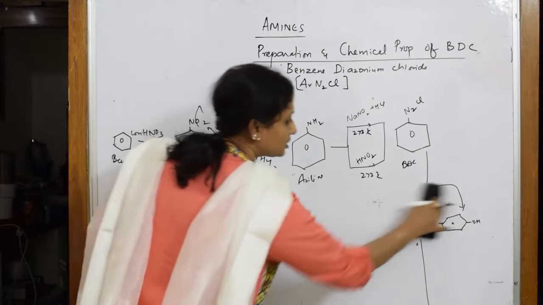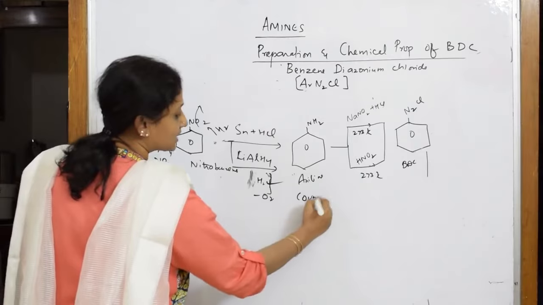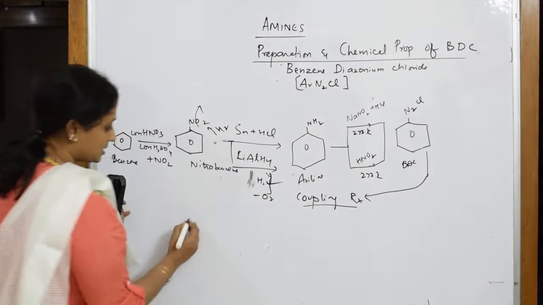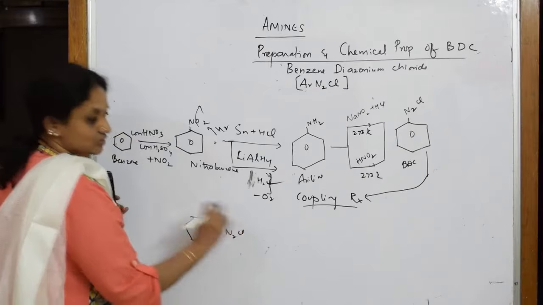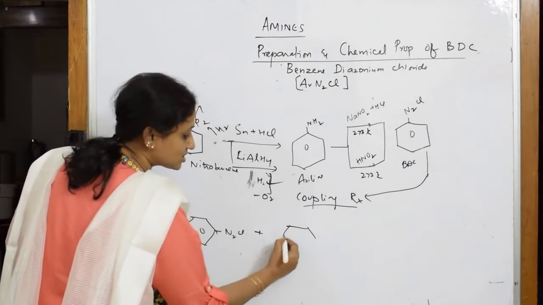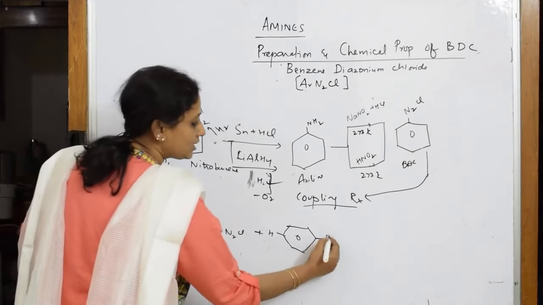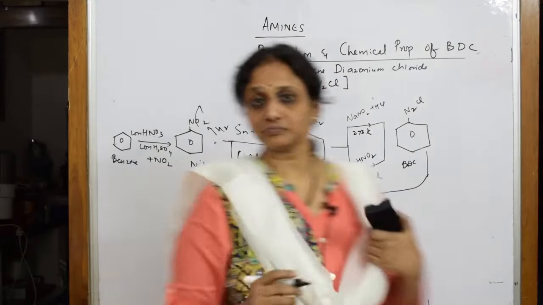Now I'm going to show you the coupling reaction of phenol. Same story. So again, coupling reaction. For coupling reaction, I'm going to take BDC in such a way that your N2Cl is on your right hand side and your phenol you are going to write in such a way that your hydrogen is facing the chlorine, and OH. Now during coupling, HCl is lost.